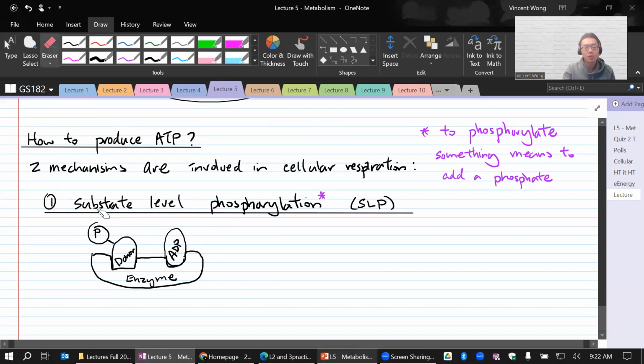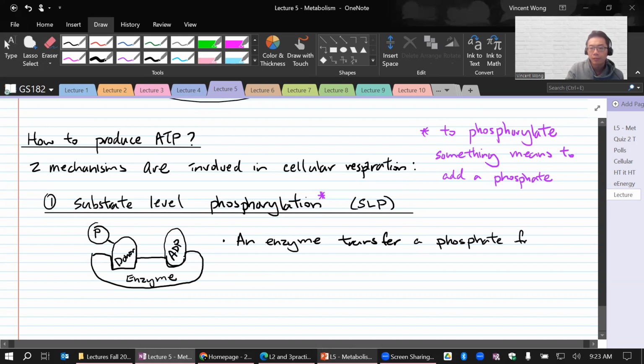Okay, so in substrate level phosphorylation, an enzyme transfers a phosphate from a donor molecule onto ADP to produce ATP.